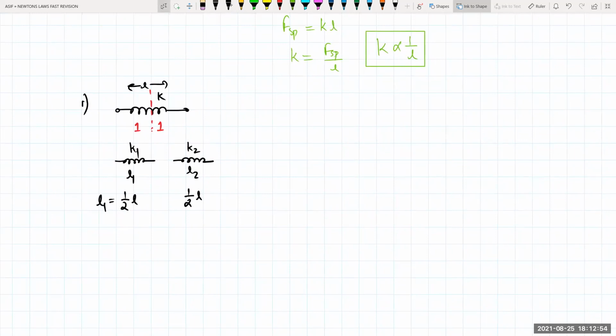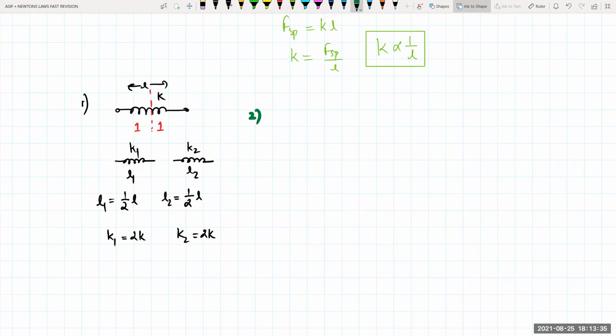K1 is proportional to 1 by L1, so it becomes 2 times K, and K2 will also become 2 times K. Got it?